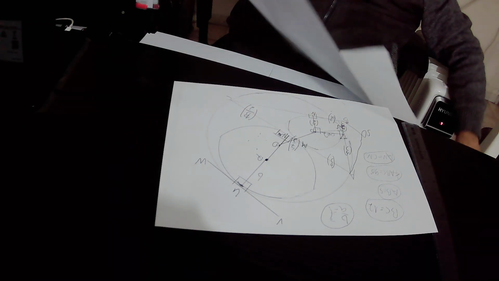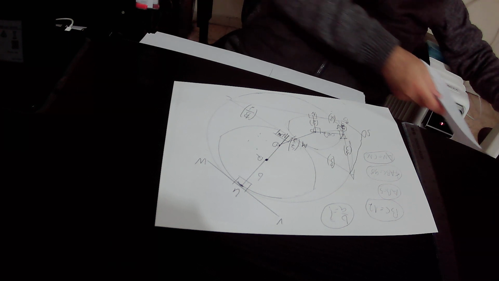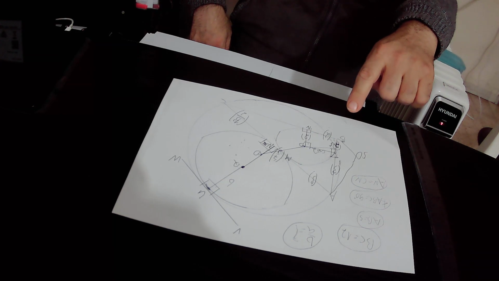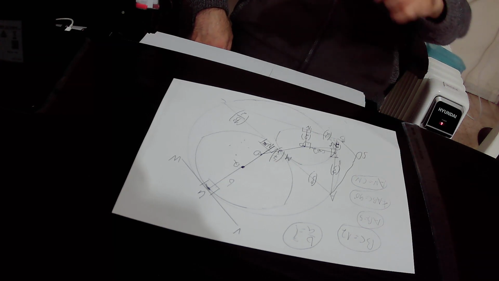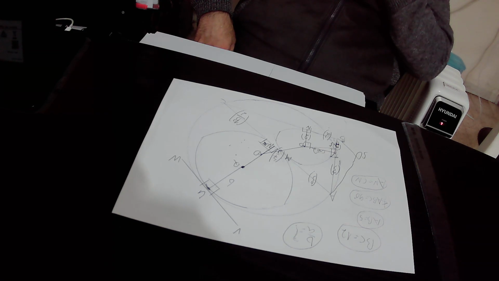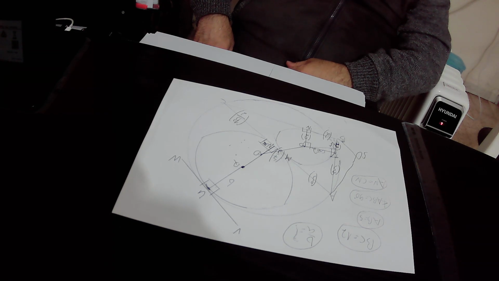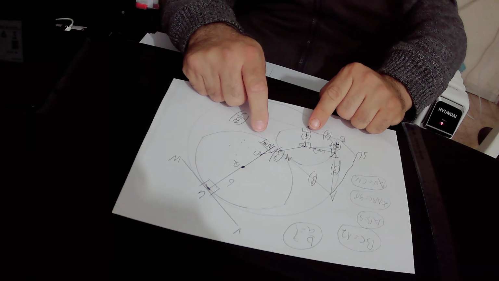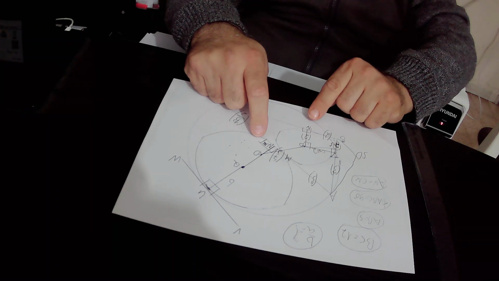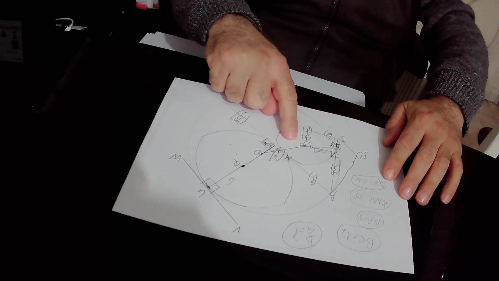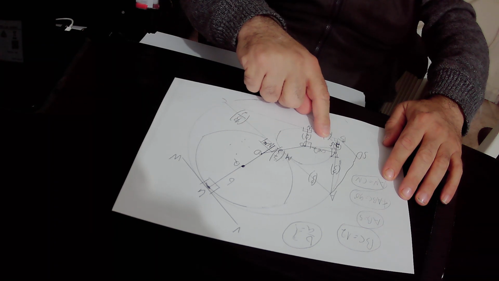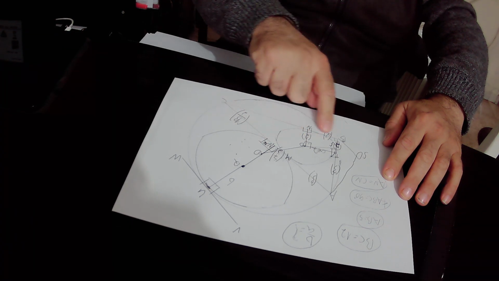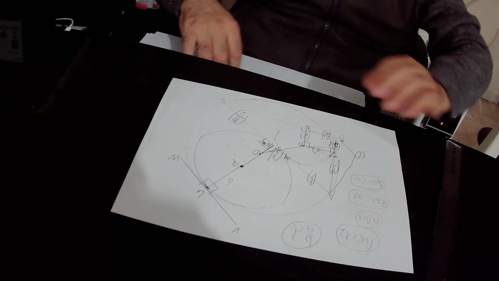Why? Because in our drawing, point S is the touching point between the biggest circle and the smallest circle. So according to rule number 9, the straight line that connects the centers of the biggest circle and the smallest circle is the straight line OP. And the straight line OP must pass through point S. That is to say, OPS is one straight line. Okay? OPS is one straight line according to rule number 9.